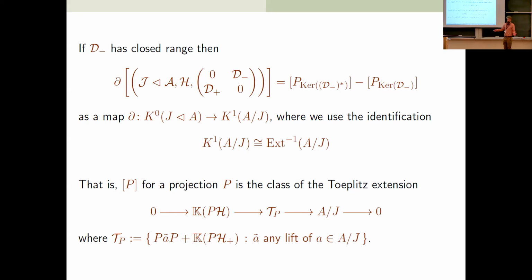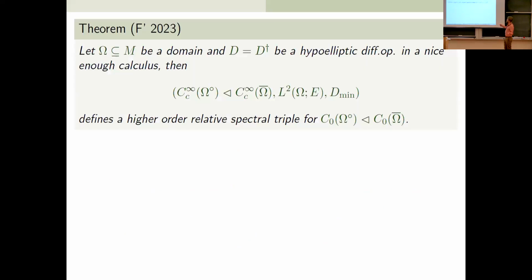But what are our examples of higher order relative spectral triples? Well, they are plentiful, which is what we want them to be. You can have any domain in a manifold. It doesn't have to be compact, doesn't have to have any regularity on the boundary. And then you have any differential operator that is formally self-adjoint. It's hypoelliptic and is elliptic in some sort of calculus.